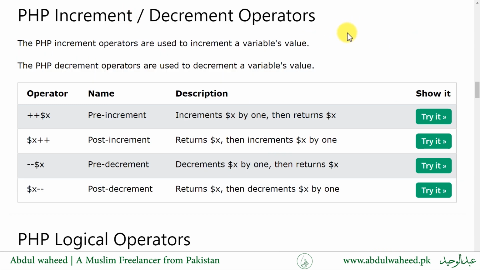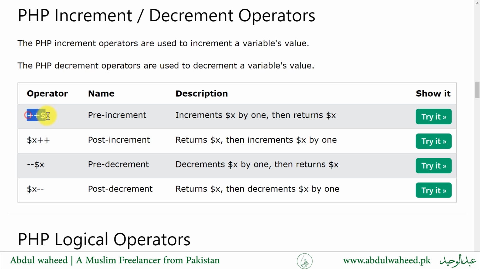PHP increment and decrement operators are used to increment or decrement a variable's value. This operator is a pre-increment. It increments x by 1, then returns the x value. This operator is a post-increment. It returns x, then increments x by 1.